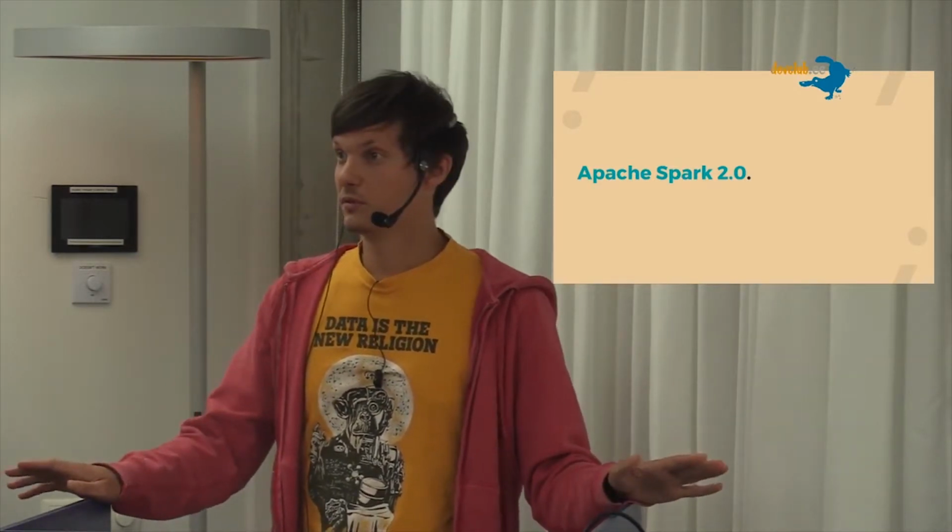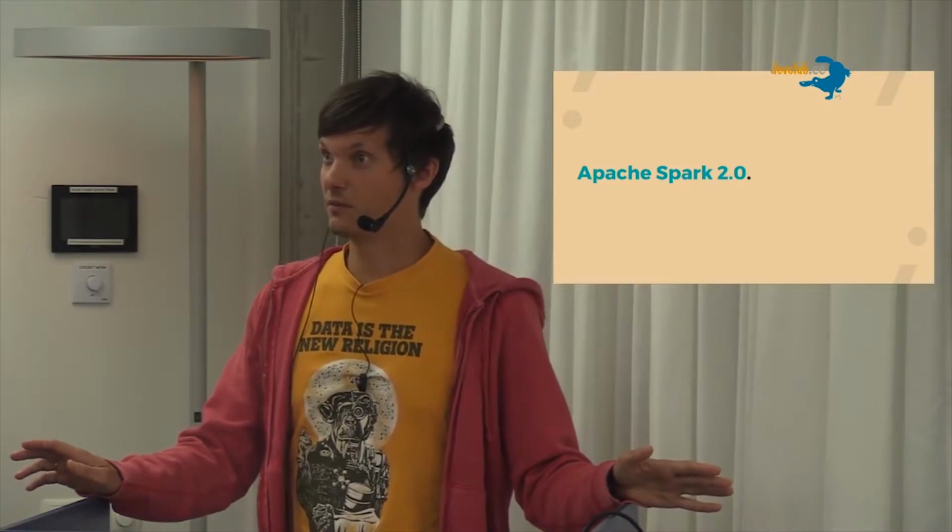At the point of time when we were choosing our framework, the only framework we found that supports all of these requirements was Apache Spark 2.0. And the problem was that it was not released yet. So we were thinking what to do, but okay, we thought, running a snapshot is probably fine.